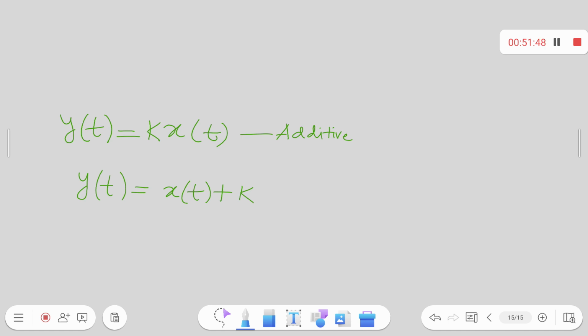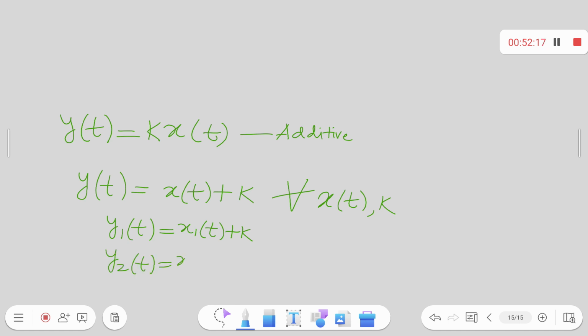For the input x2(t), output is y2(t), which is equal to x2(t) plus k. This holds for all x(t).